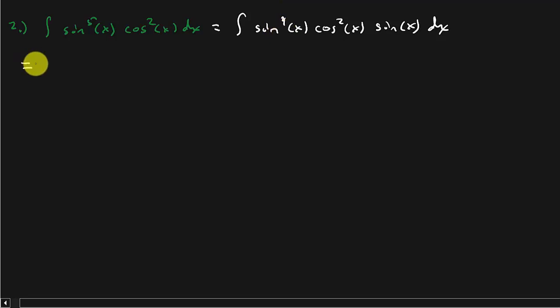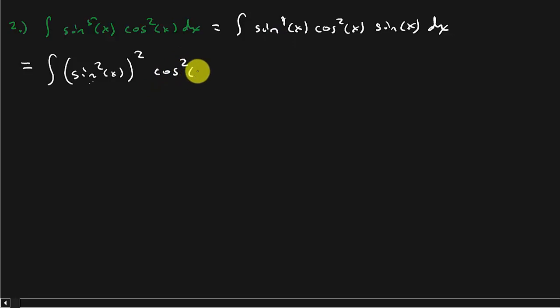So I'm going to rewrite this as sine squared x, squared. Now, why did I rewrite sine to the 4th as sine squared squared? Well, because I know sine squared is 1 minus cosine squared. That's how I'm going to get this term in terms of cosine.